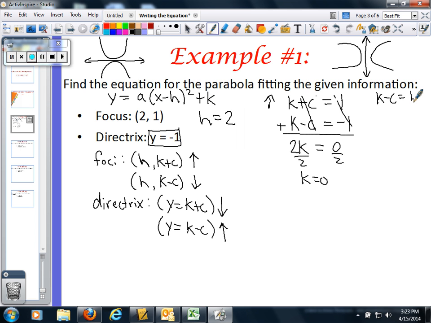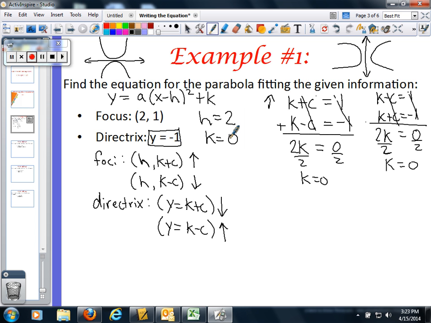My directrix is k + c equals -1. Same thing, these are going to cancel. This is 2k equals 0, divide by 2, and I get that k is 0. So it doesn't matter which way it opens, up or down, my k value is going to be 0.